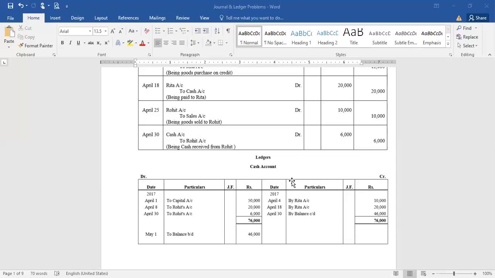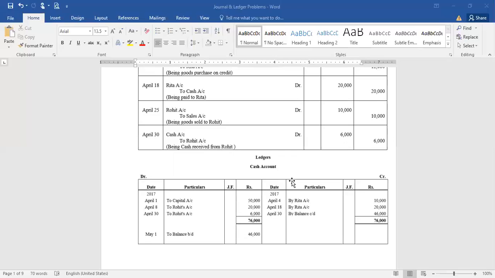While posting to the credit side of the account, the name of the account which is debited in the journal should be written in the particular column. Then the page number of the journal is to be entered in the general folio column, and every ledger account should be balanced or closed periodically.